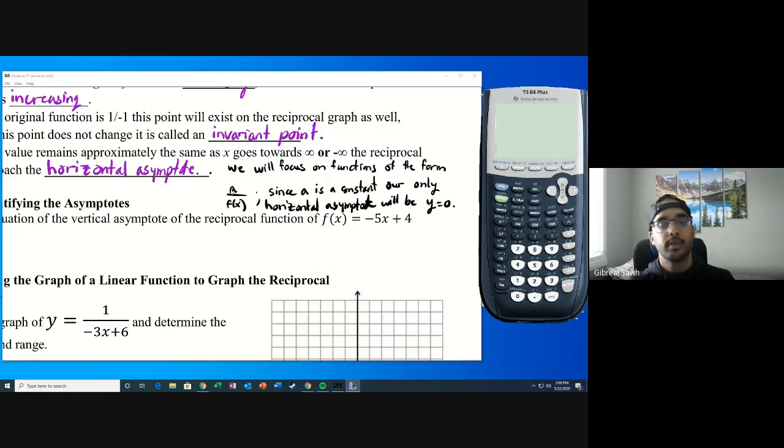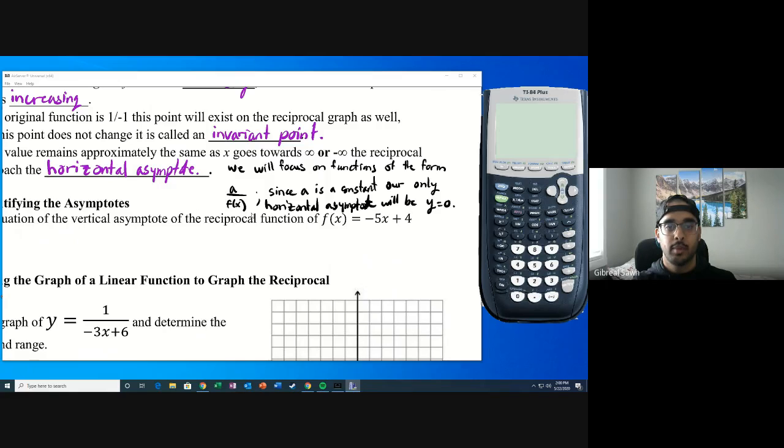Okay, so I could potentially have other scenarios where my horizontal asymptote isn't the x-axis, but that comes later when we deal with different degrees of polynomials top and bottom. We're only going to focus on this case for now, and I've got a number on top.